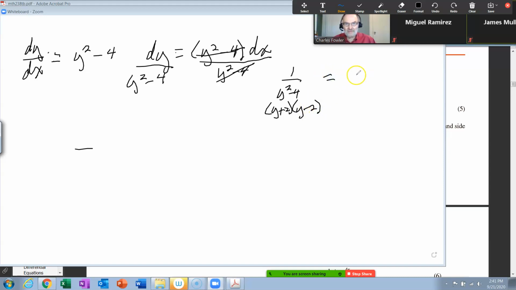Is equal to some a over y plus 2 plus b over y minus 2. Multiply both sides of the equation by the least common denominator, y plus 2 times y minus 2.